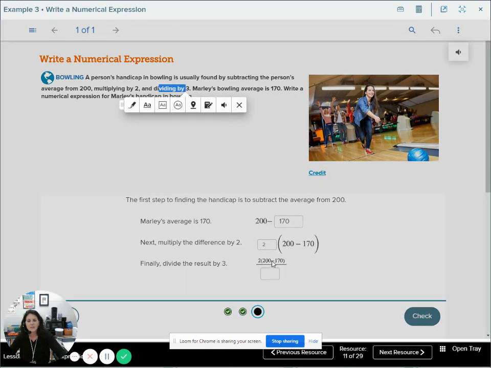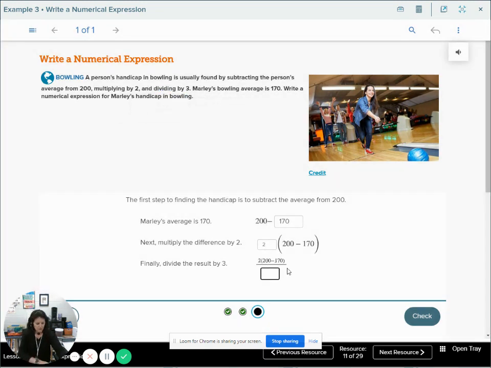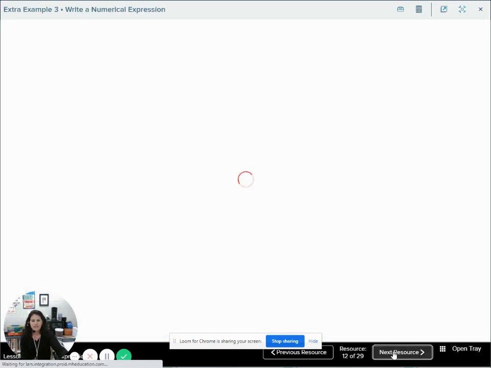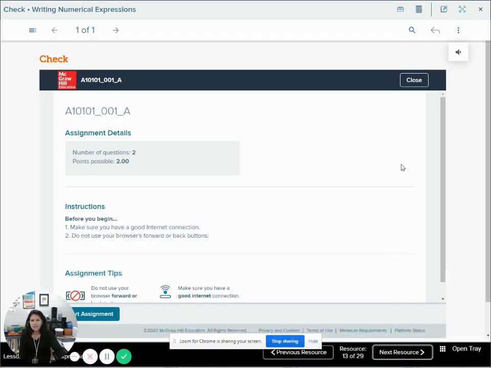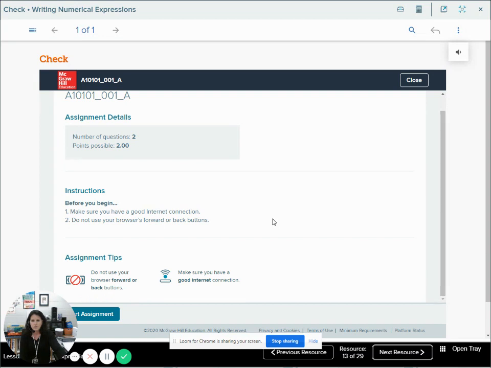It says up here, divide by 3 to find her handicap in bowling. And so that is the process. Okay, so I would like for you to take a minute, pause the video, and do this lesson check. It is also found in your workbook. I want you to do the lesson check that is in your workbook following that.